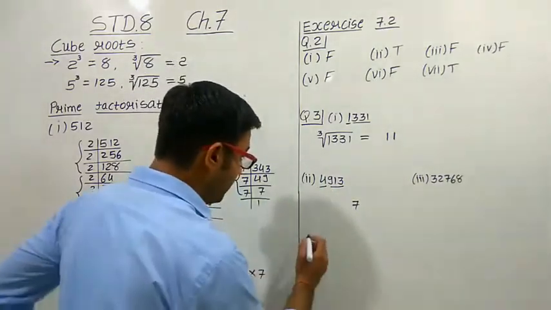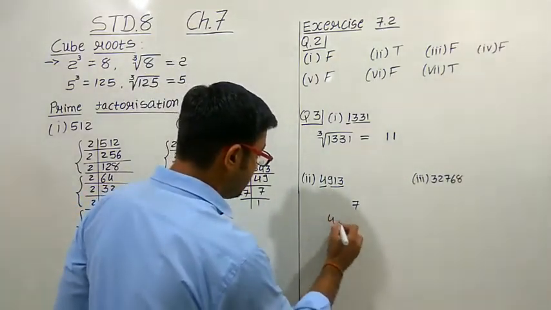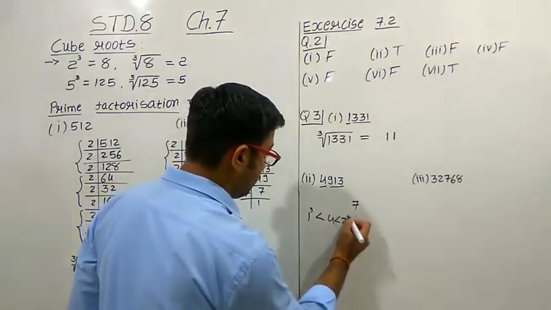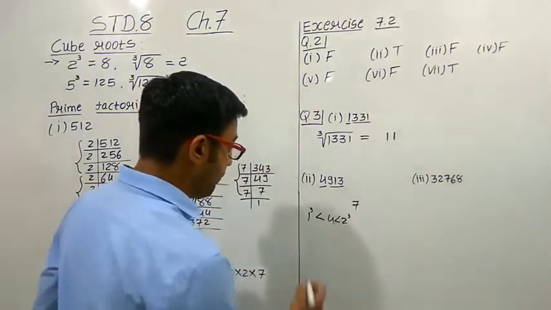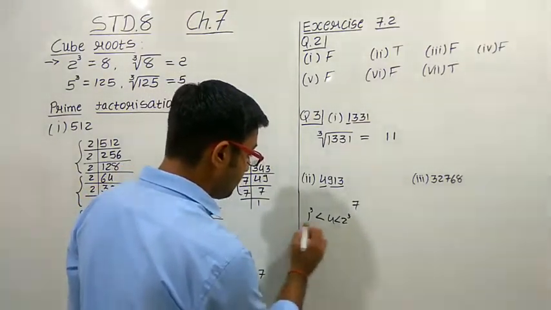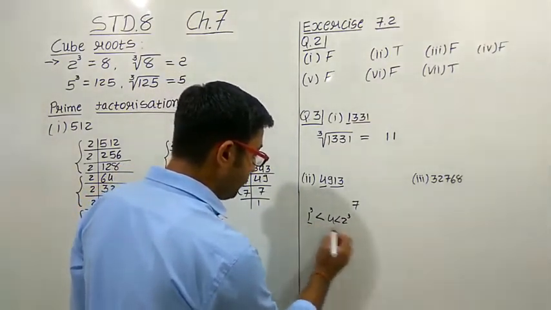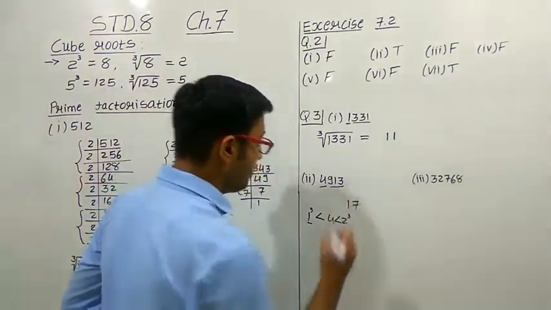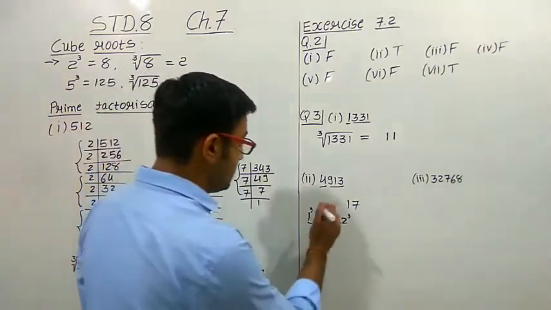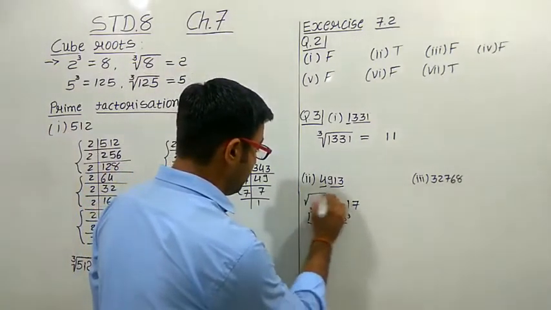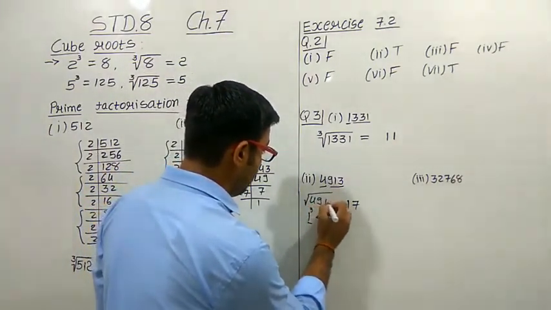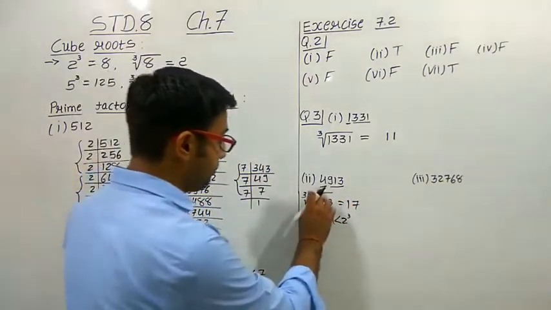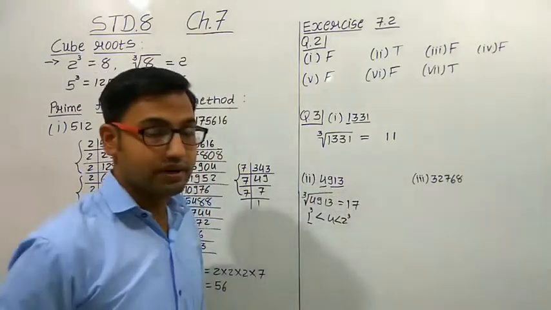From this we have to select the smaller digit out of 1 and 2. So out of 1 and 2, we select 1. So this is the cube root of 4913.